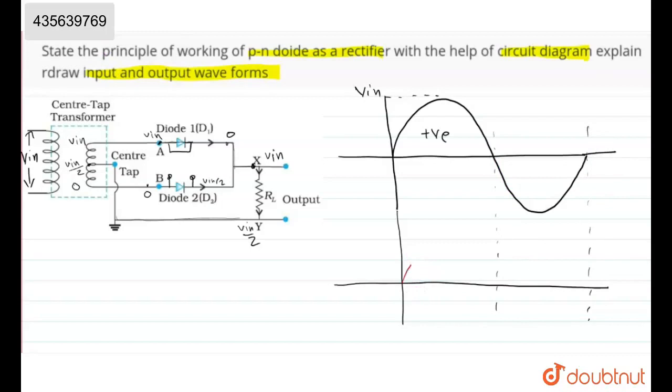Now we will get output as V in by 2. This is V in divided by 2 for the positive half. Now for the negative half, we will understand it.